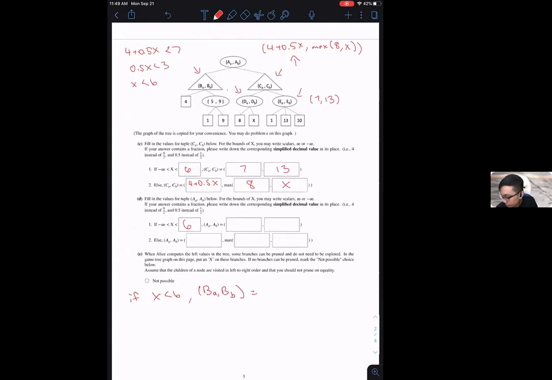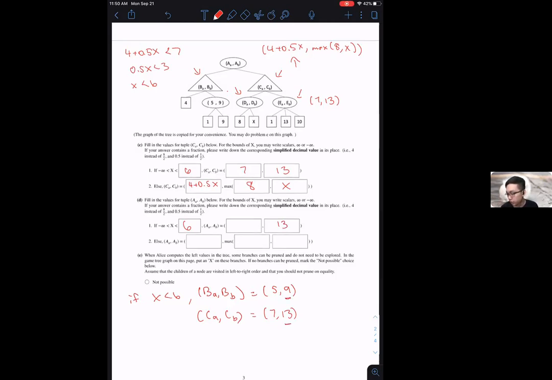And CA, comma, CB is going to be 7 comma 13, which is what we figured out. So from here, it's more straightforward to calculate the oval node, right? Because once again, Bob is just going to choose the maximum, which is just 13, of the right-hand nodes of the right side. So between 9 and 13, Bob is going to choose the maximum.